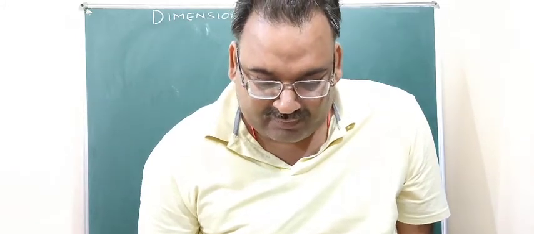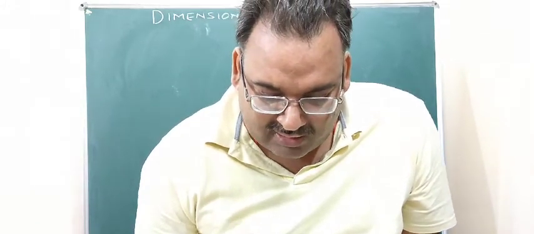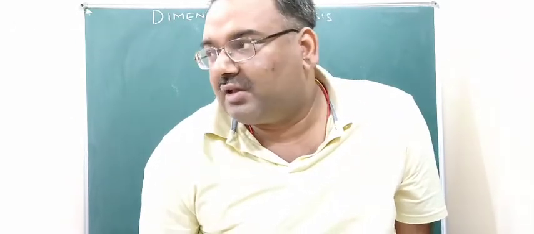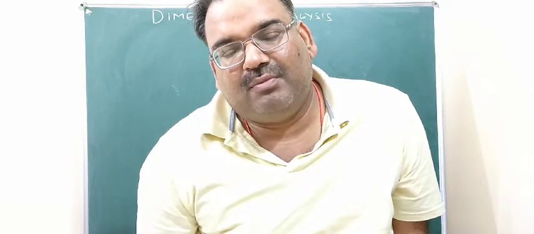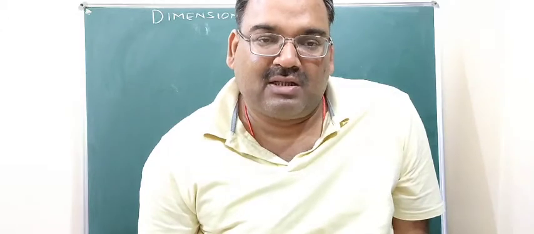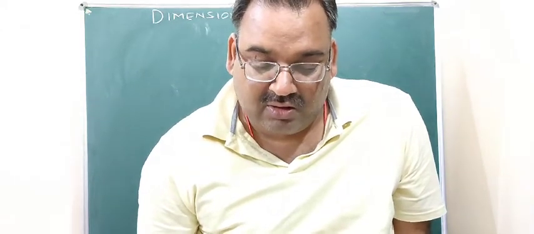So in order to get the unit of velocity, we raise the unit of length to the power 1 and the unit of time to the power minus 1. These powers are known as dimensions. Okay?